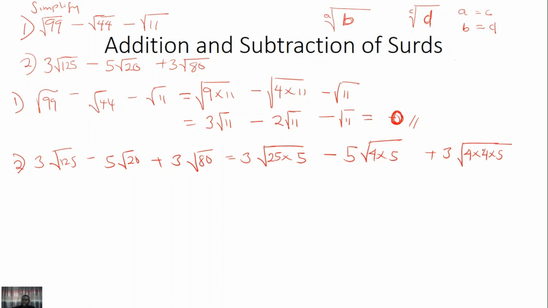Okay? Now, if we are to simplify this, this will be equals to what?